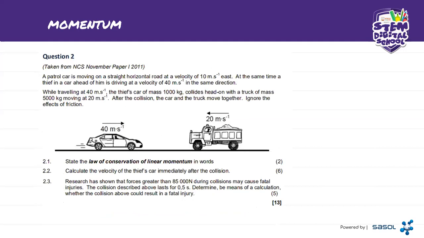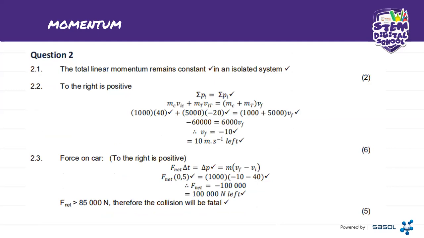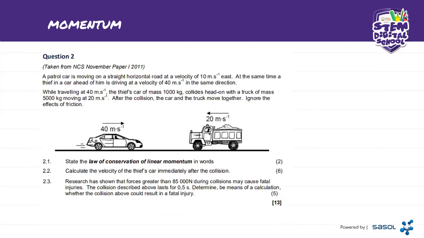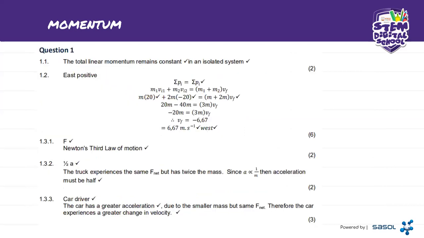So it says here, the car driver. The car driver has a greater acceleration due to the smaller mass, but the same net force. So therefore, the car experiences a greater change in velocity. Okay. So do you guys see where all the marks are?